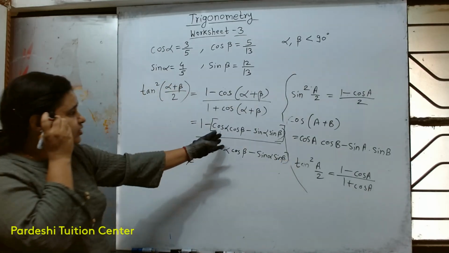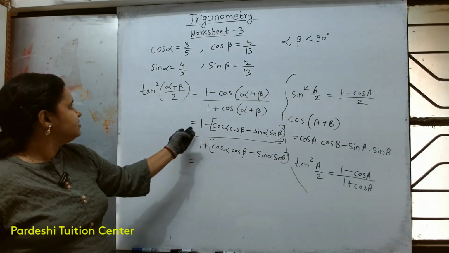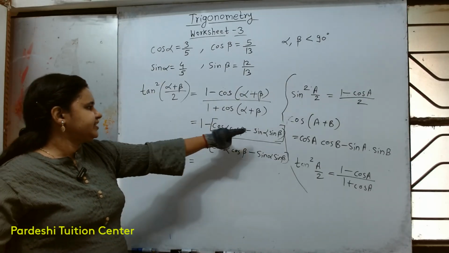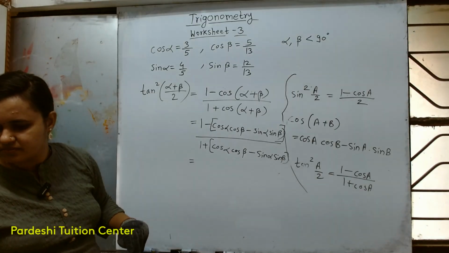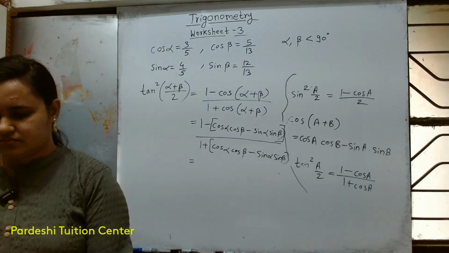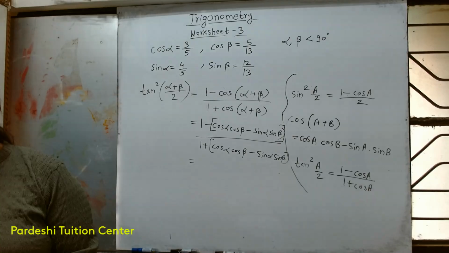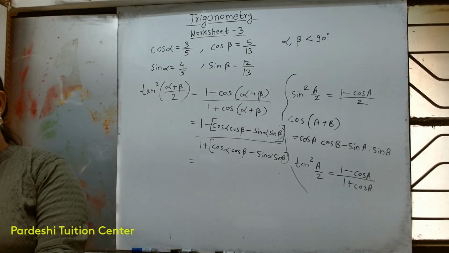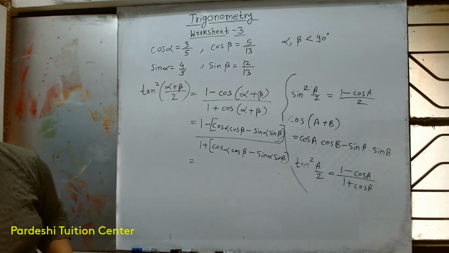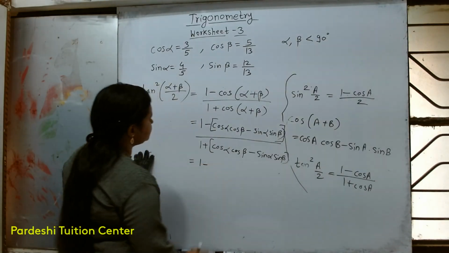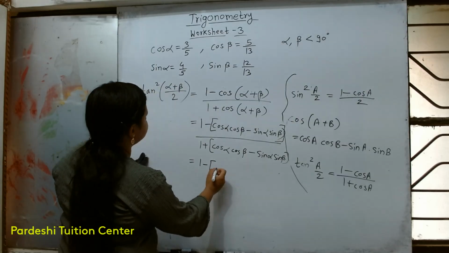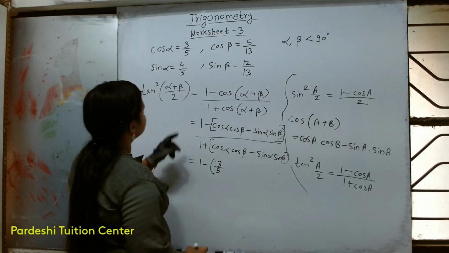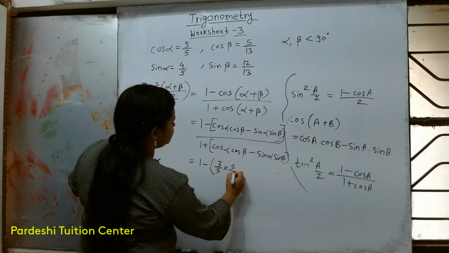Now we have just calculated the values of this. The upon 2 was not there, but we have just calculated the value in question 17. So again we will calculate 1 minus cos alpha cos beta, that is 3 by 5 into cos beta, 5 by 13.